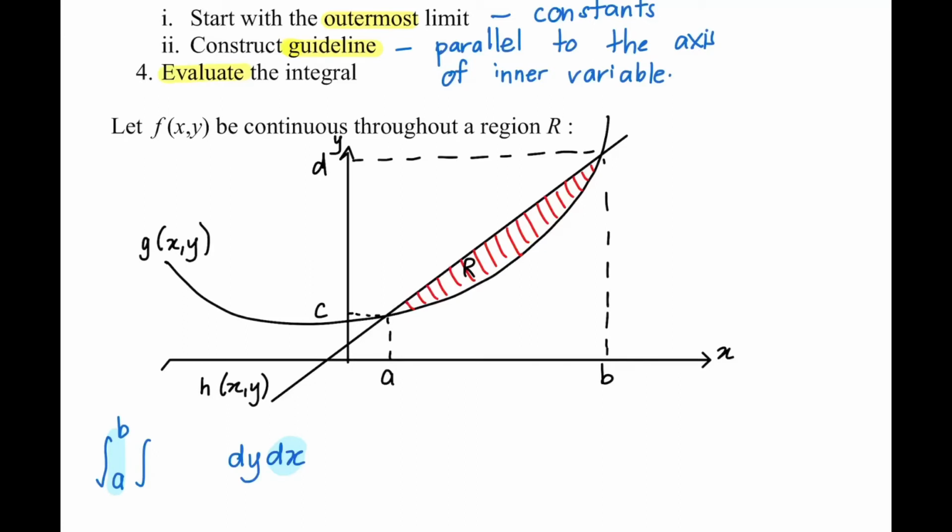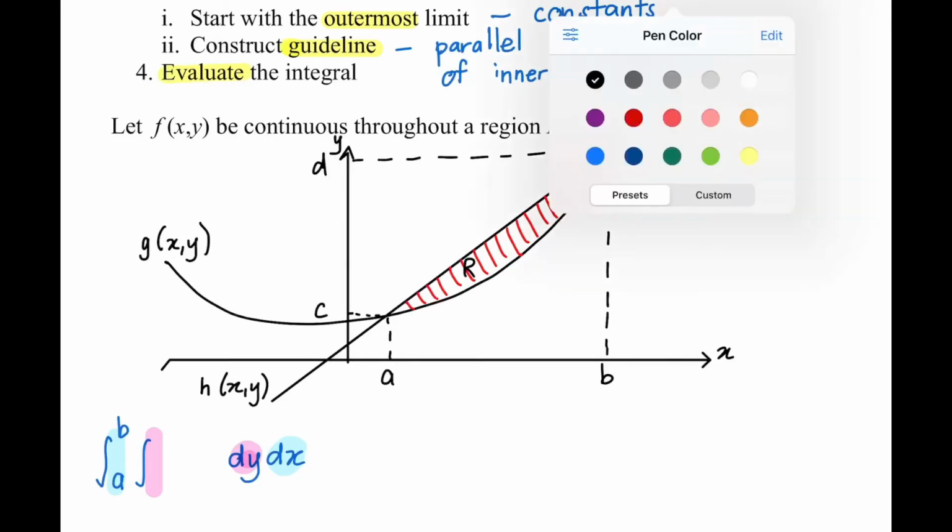Now, to find your inner limit here, you construct a guideline. The guideline must be parallel to the axis of the inner variable. Our inner variable here is y, correct? So therefore, that limit must be a limit of y. Now, let's sketch the guideline. Maybe I should choose a different color here.